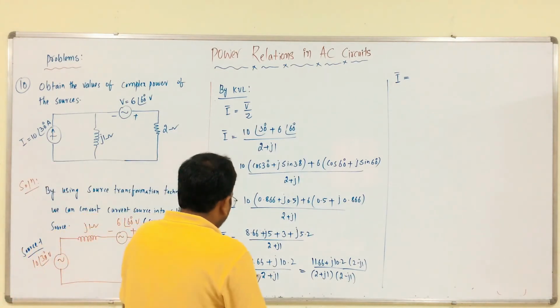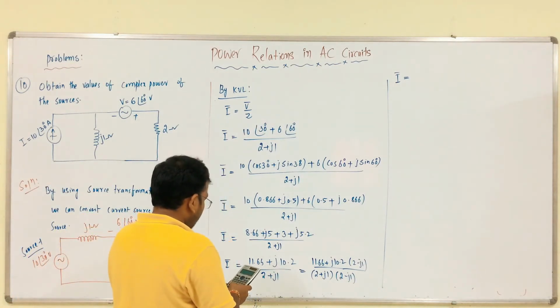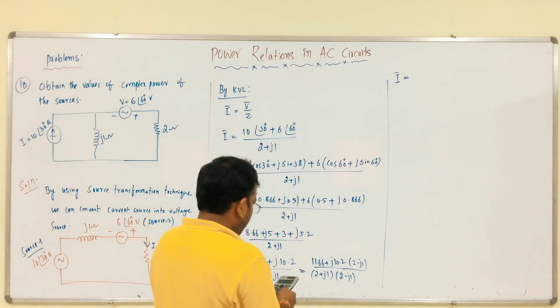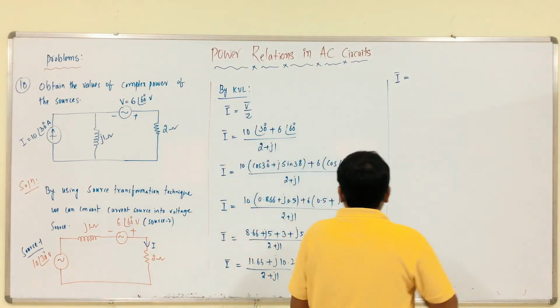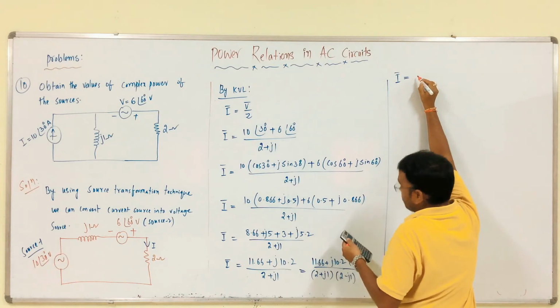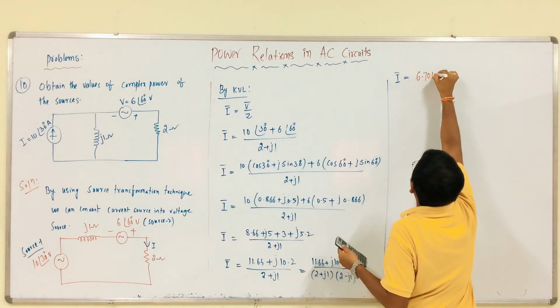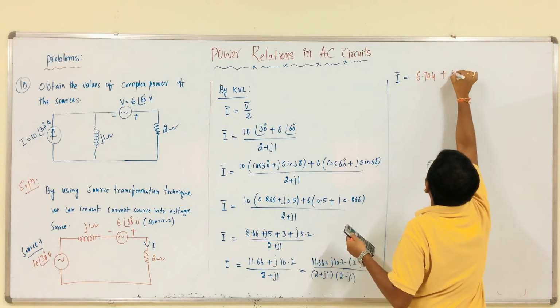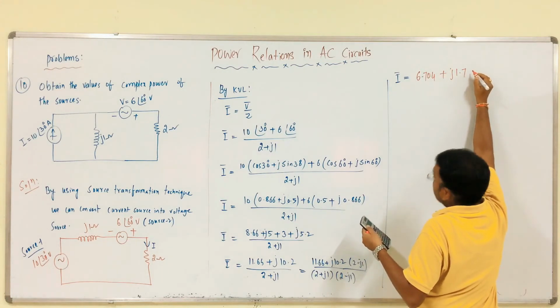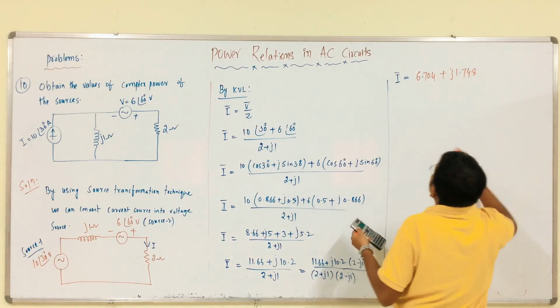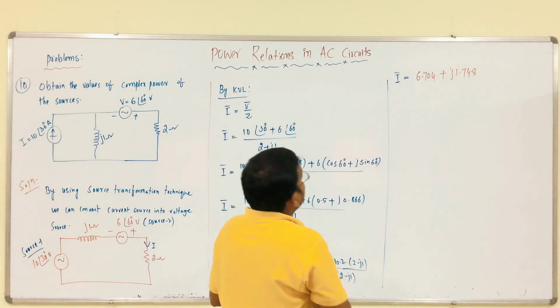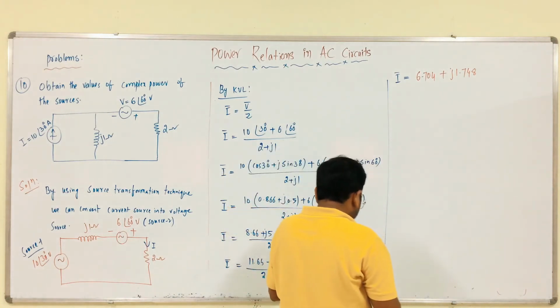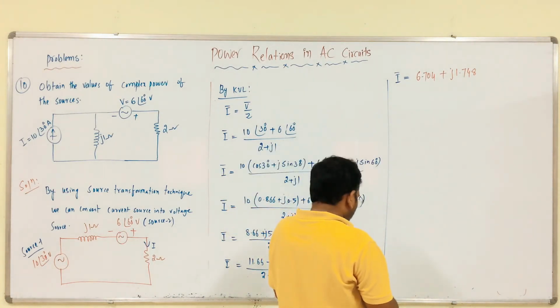So, what is the value? We can get I is equal to 6.704 plus J into 1.748, right. So, this is the value of current in the rectangular form.